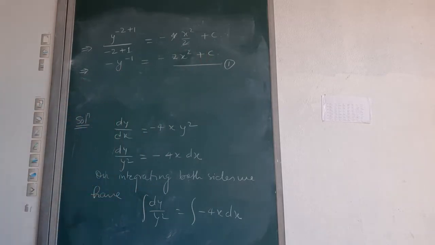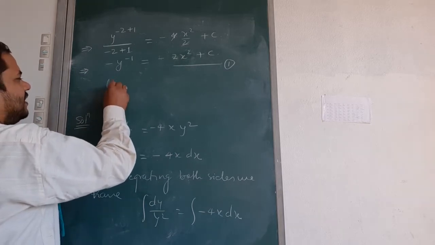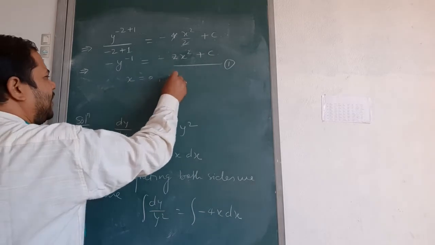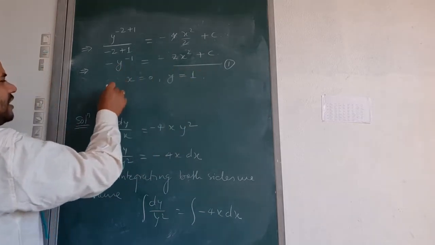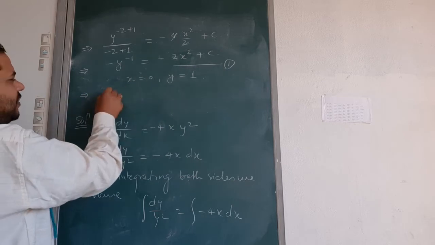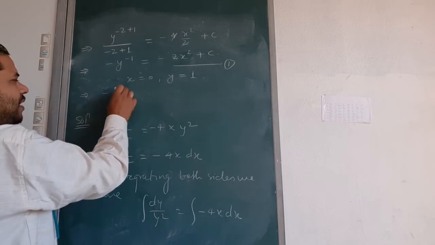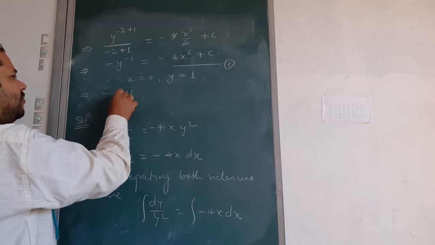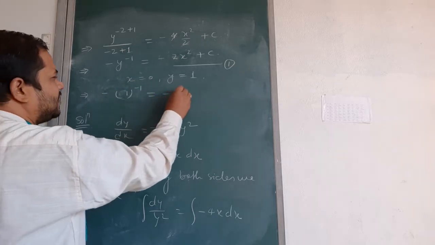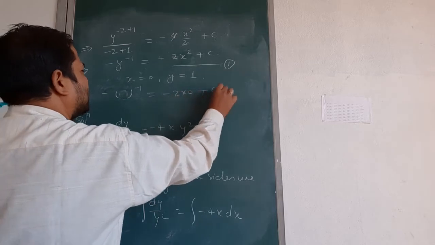Why? Because the condition is given. When x is equal to 0, y should be 1. So put x is equal to 0, then y is 1. So minus y power minus 1, that is minus 1 power minus 1, is equal to minus 2 into 0 plus c.